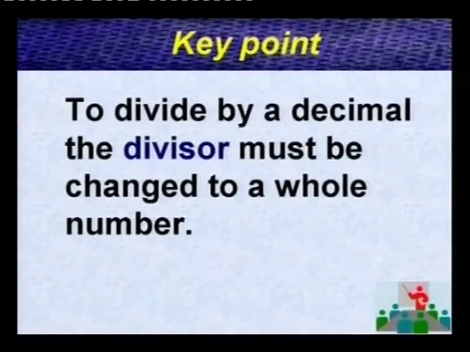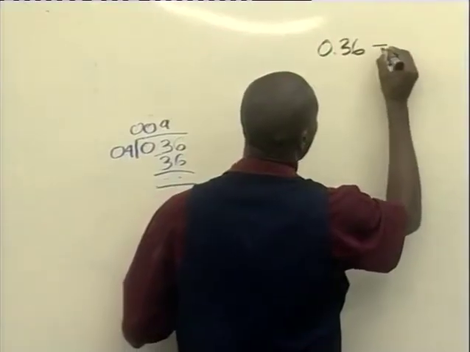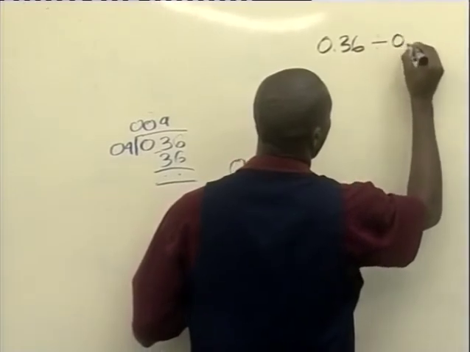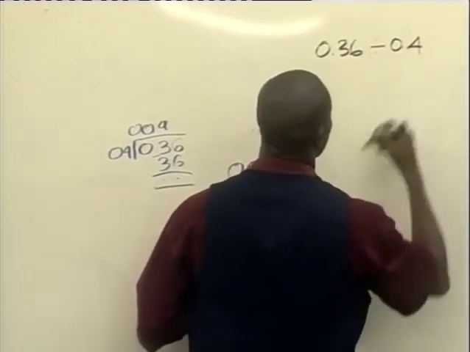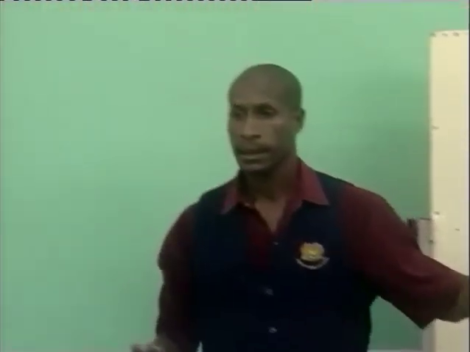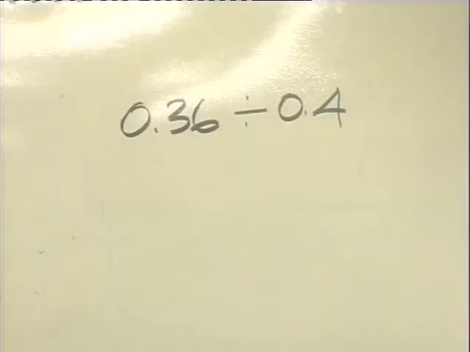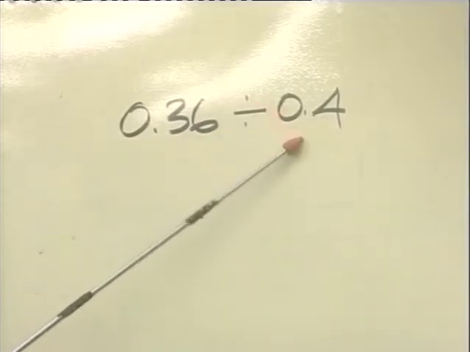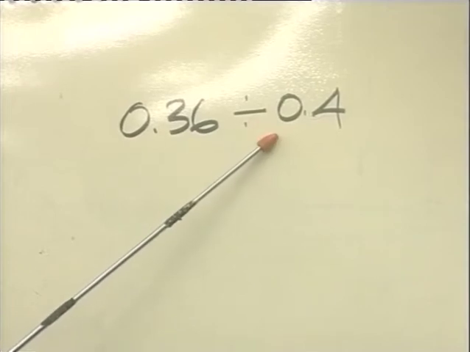To divide by a decimal, you must change the divisor to a whole number. You have to change the divisor to a whole number.